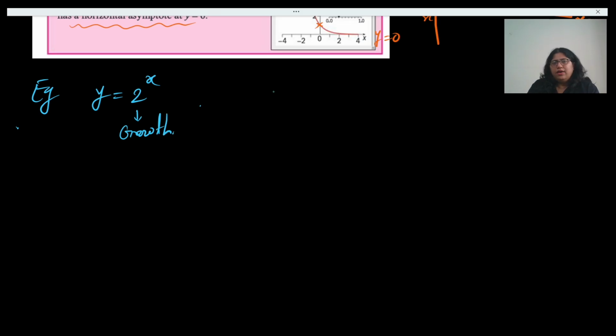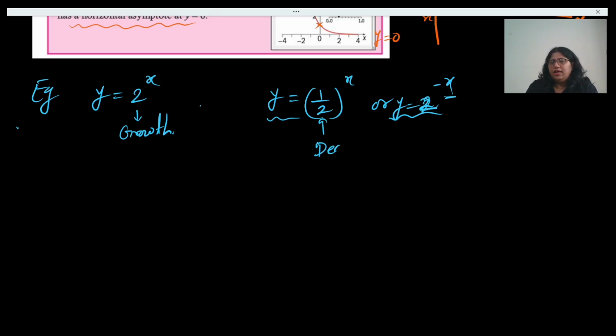Now if I take y equals 1 by 2 to the power x, or I can write y equals 2 to the power minus x, because it's the same thing, this becomes the decay factor, because it's less than 1. Sometimes for less than 1 you will see the base the same, but the power becomes negative. This is your decay factor.